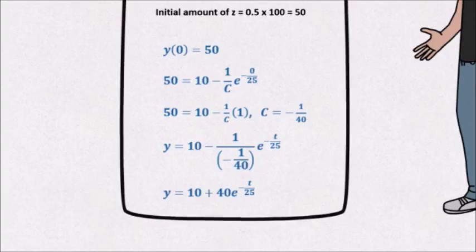So, by calculating the equation, we will get the value of C, which is negative 1 over 40. By substitution of C equals negative 1 over 40 into y equals 10 minus 1 over C exponential negative t over 25, we will get the answer y equals 10 plus 40 exponential negative t over 25.